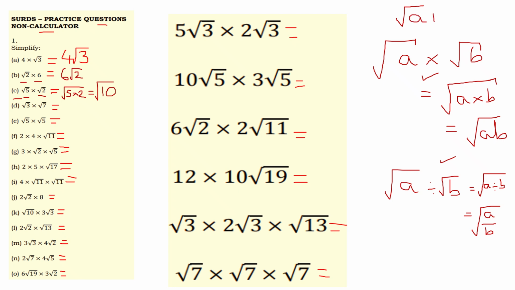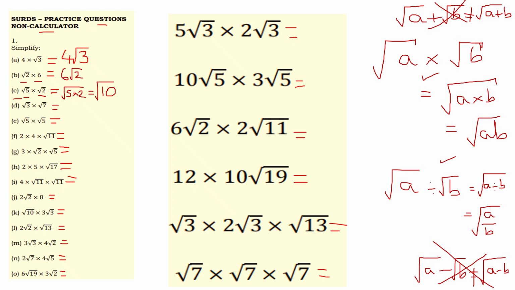Root A plus root B is not the same as root A plus B. For example, if A was 1 and B was 1, see what you get. Same here, root A minus root B is not equal to root A minus B. So addition and subtraction it doesn't work for, but multiplication and division I can write under one root. Bear that in mind.